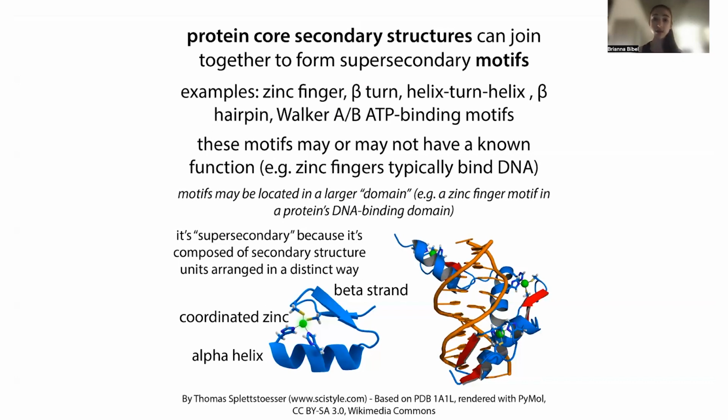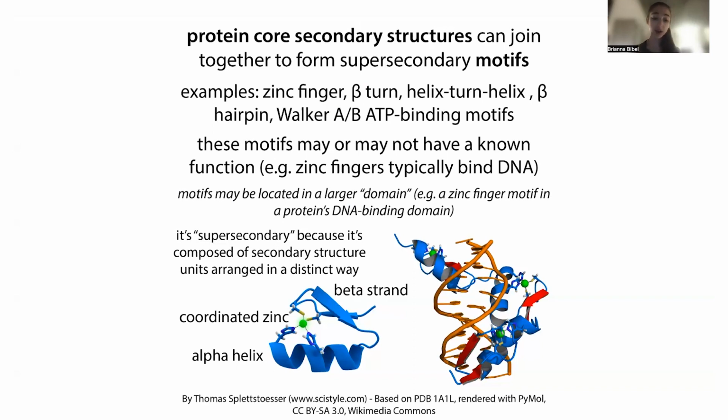And so these super secondary motifs can often be found in a variety of different proteins. It's not restricted to a single protein, but different proteins will have different combinations of these super secondary motifs, as well as other things.